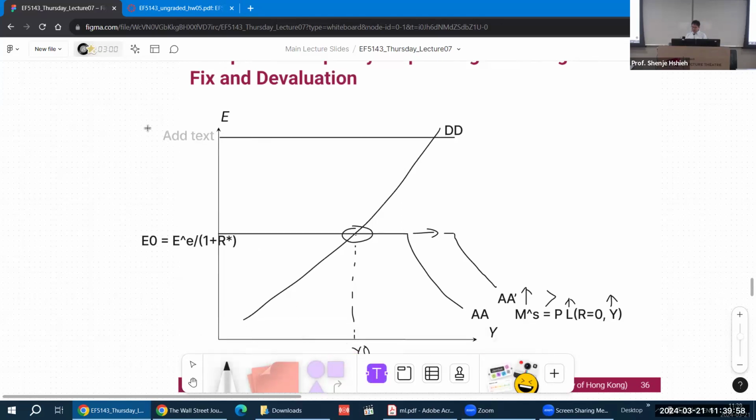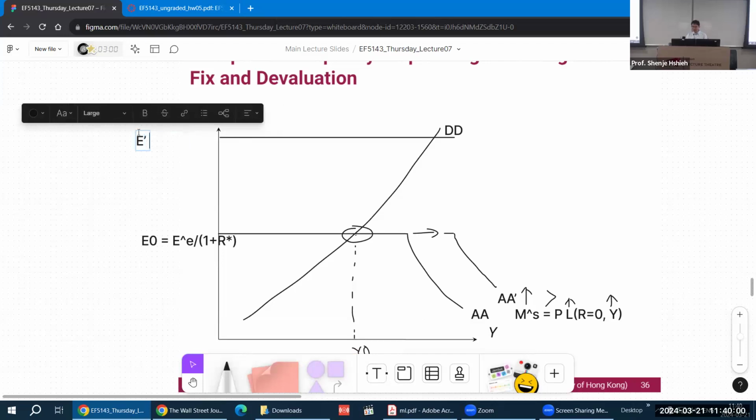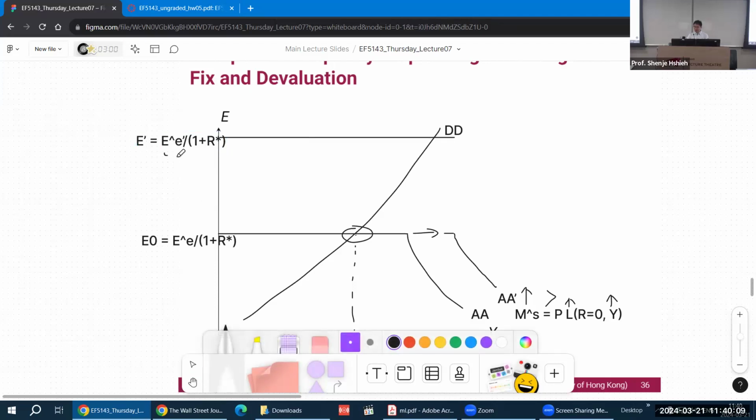So now our E, let's call it E prime, is equal to E hat E prime divided by 1 plus R star. So I have to communicate to the world that Japan now will have a much, much weaker currency than before.